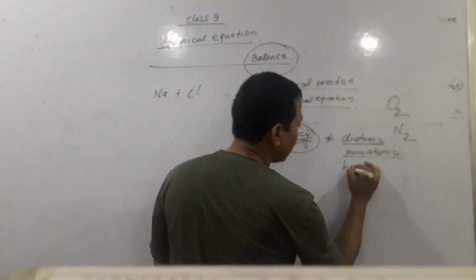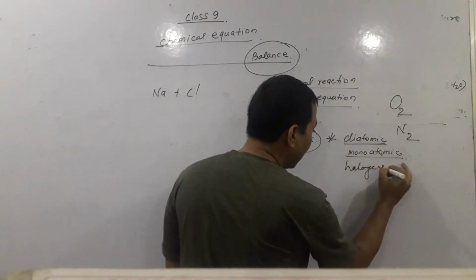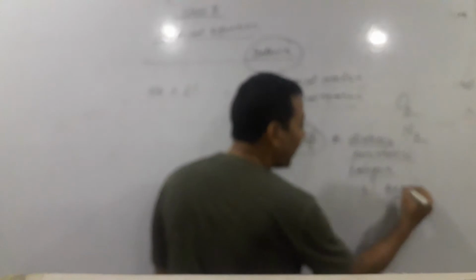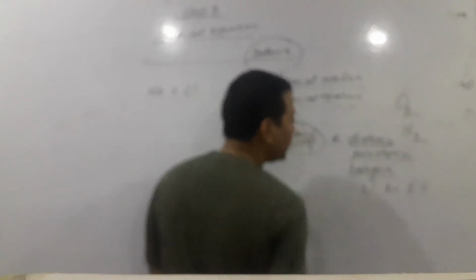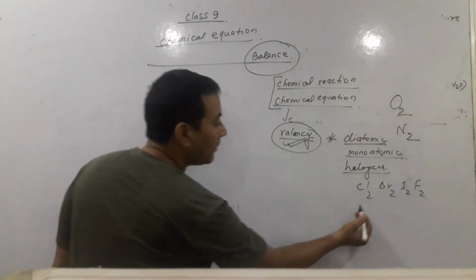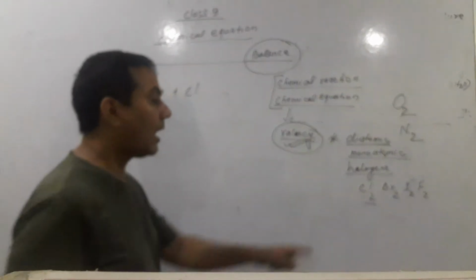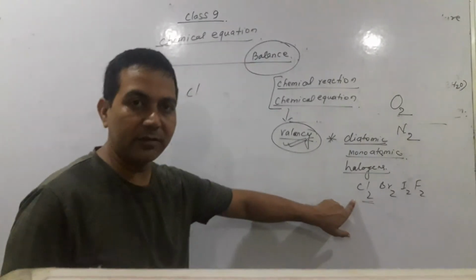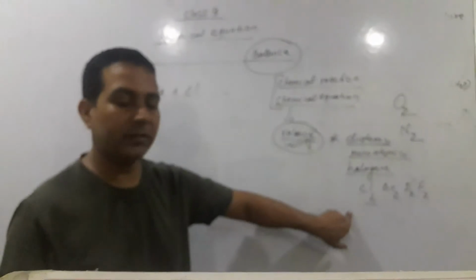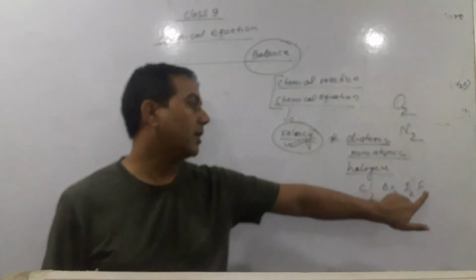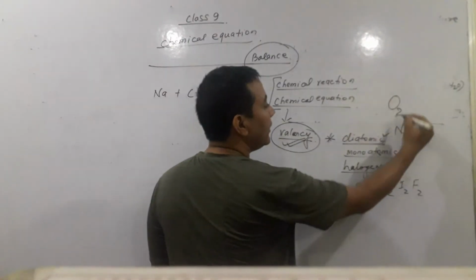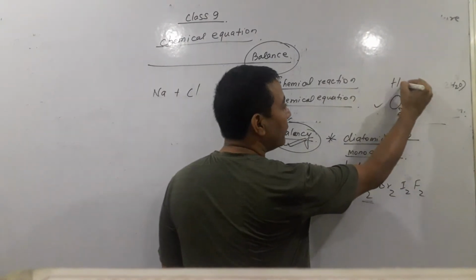Likewise, halogens like chlorine, bromine, iodine, fluorine, these are in diatomic form. So diatomic means chlorine, two atoms are combined and exist in nature. So while reacting also, two chlorine atoms react with the other atom. Bromine is also the same, iodine, fluorine, nitrogen, oxygen and hydrogen are also the same.